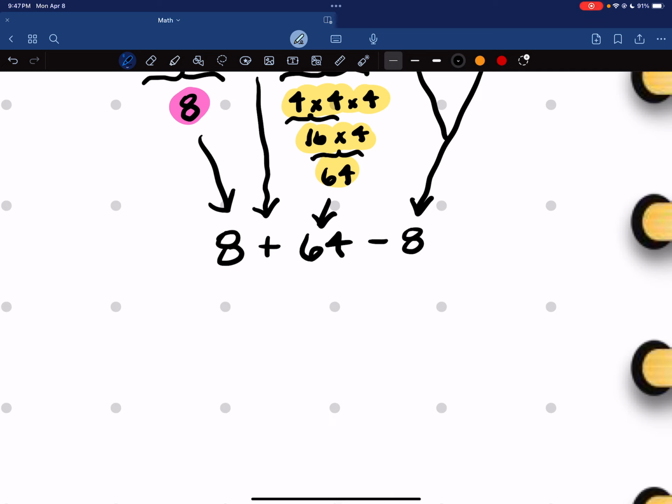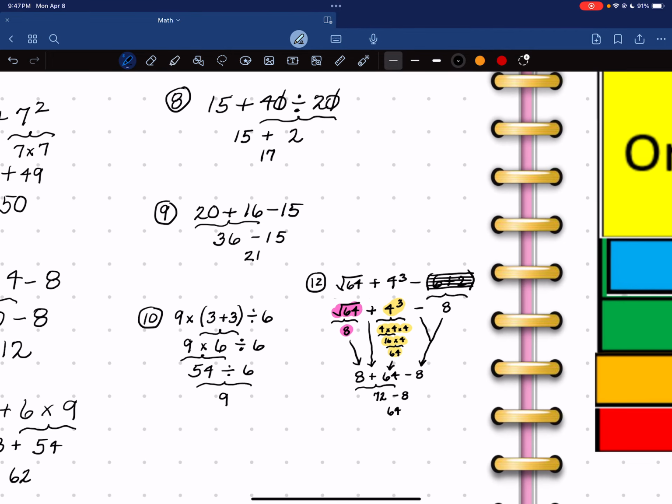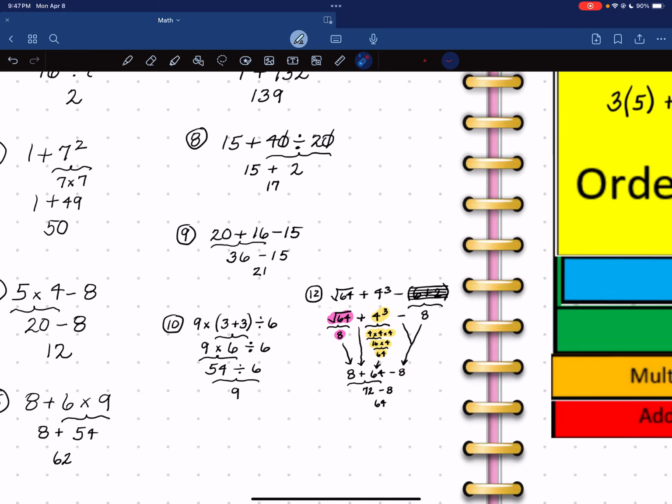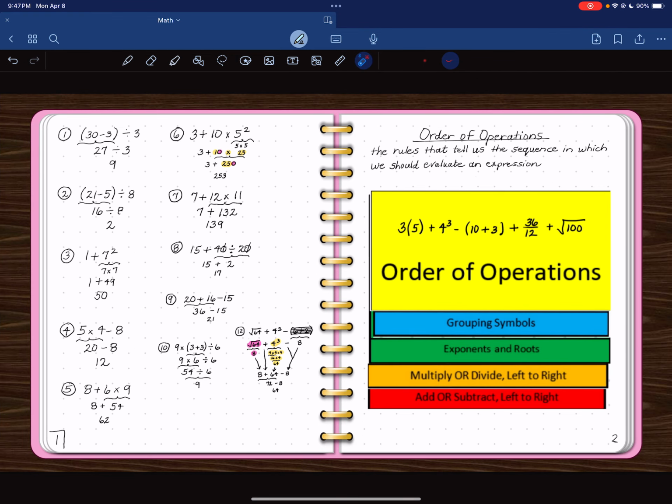So add or subtract from left to right. 64 plus 8 is 72. And subtract 8 brings us back down to 64. So that one is quite a difficult problem, but it does have that nice V shape that's always so encouraging when I'm doing these problems.